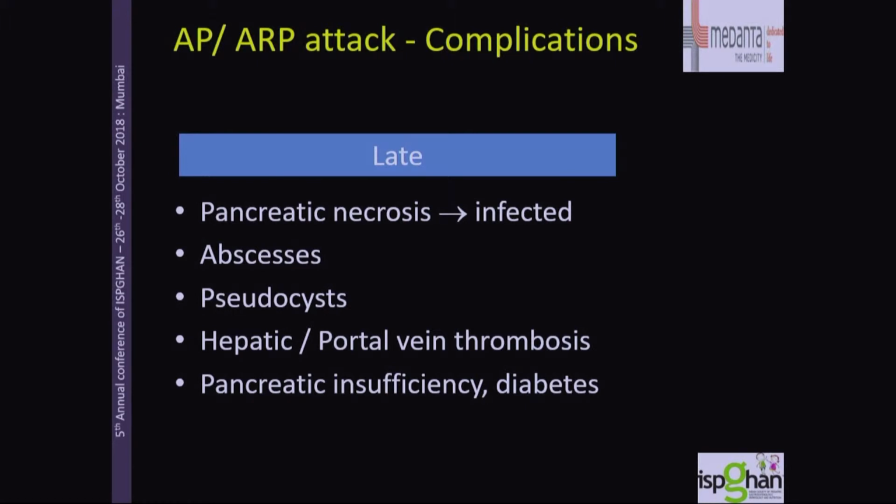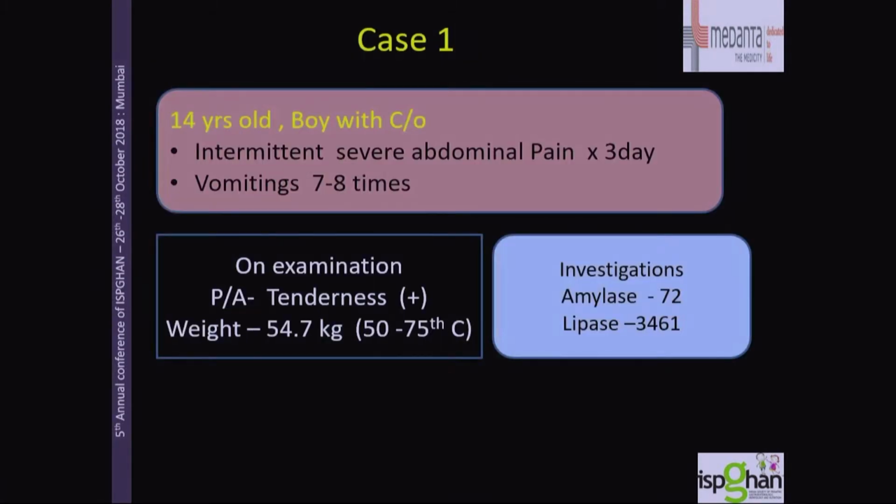This type, which gives rise to portal hypertension, we call compartmental portal hypertension. You will not find any collaterals during that time, because it would be an acute thing. Later on you might end up with pancreatic insufficiency, exocrine or endocrine, depending on the extent of necrosis and the extent of pancreas that is damaged.